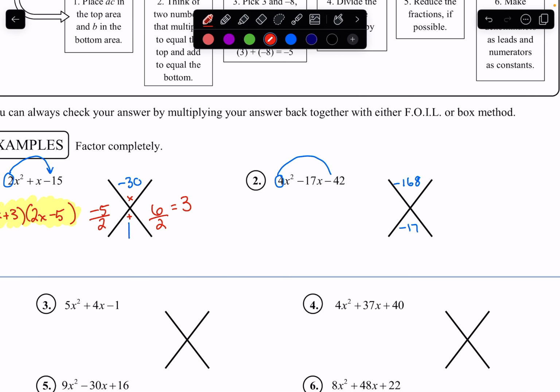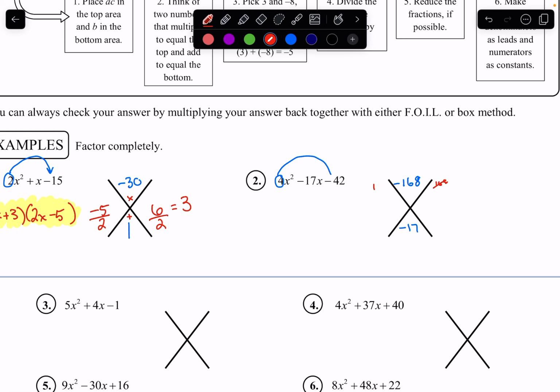I already multiplied the 4 by the negative 42 and got negative 168. Now I need to start dividing numbers. I should have gotten a calculator ready for this one because I didn't do these problems ahead of time. So what kind of things go into 168? You're going to get 1 and 168.